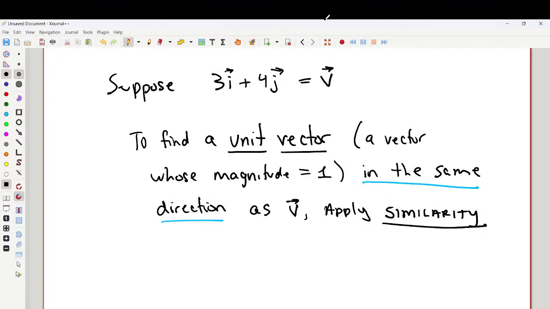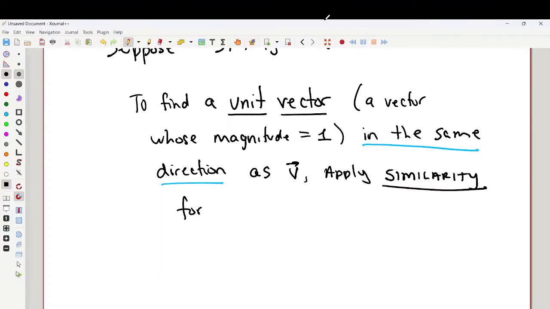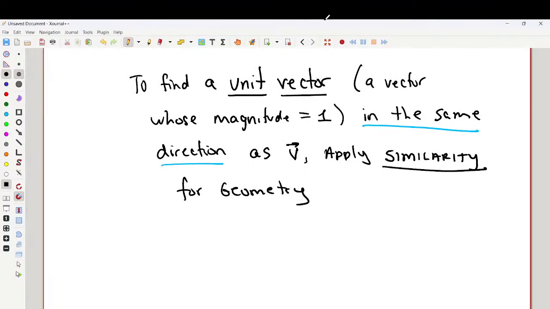Apply similarity from geometry. Oh, second geometry conversation. All right, there's a formula coming. But before I give you the formula, this is where the formula comes from. Anyone remember similarity from geometry? Well, here's your quick review. 3, 4. Here's vector v, but it's like a triangle, right? For all intents and purposes, let's just call this a right triangle. What's the magnitude of v? 5.